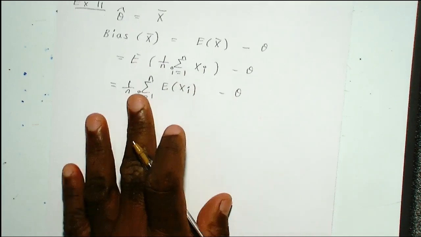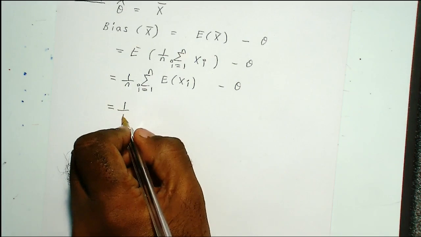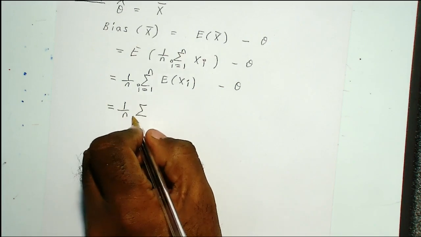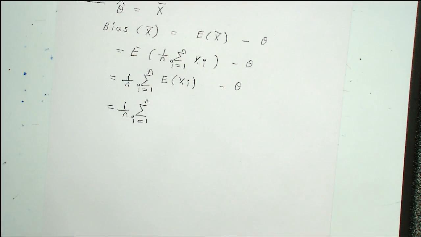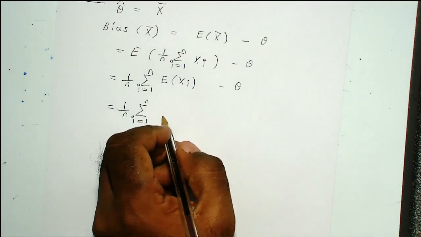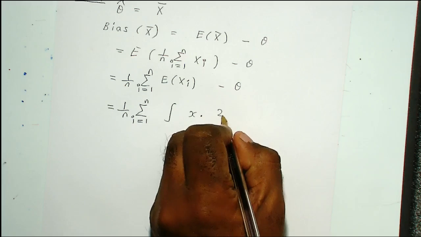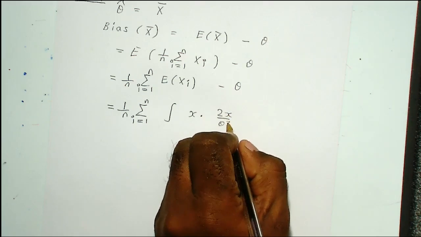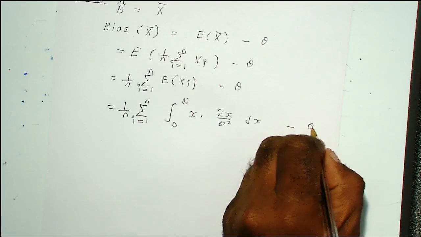Now, to find the expectation of x, you need to integrate x times the PDF, which is 2x by theta squared, dx from 0 to theta, minus theta outside, right?